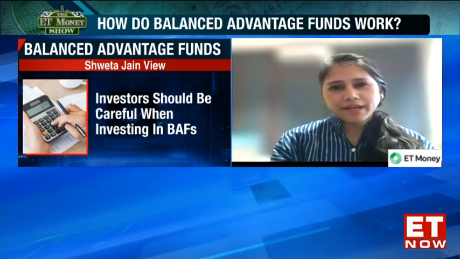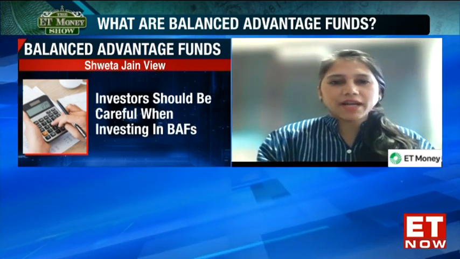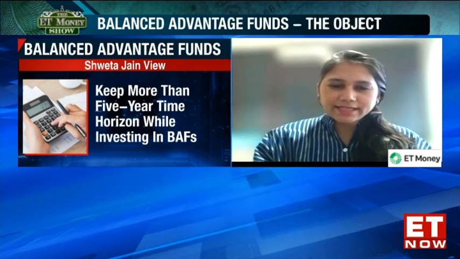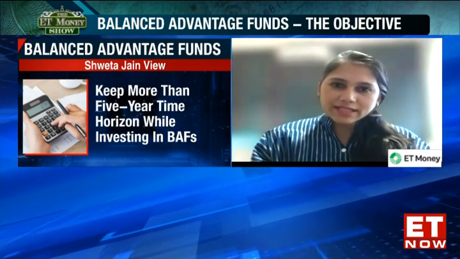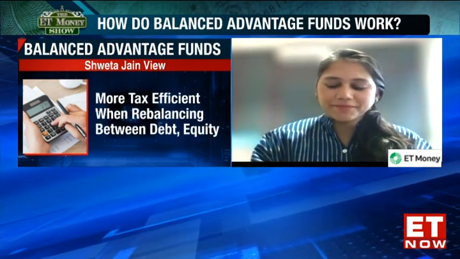So it gives the fund manager a lot more flexibility, but of course they have their own systems, whether it's market valuations, levels, PE, what they have as their parameters. So depending on those that are preset, the fund managers have the leeway to manage. So it's quite an interesting category, actually.